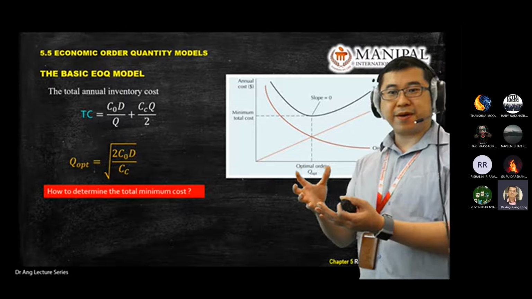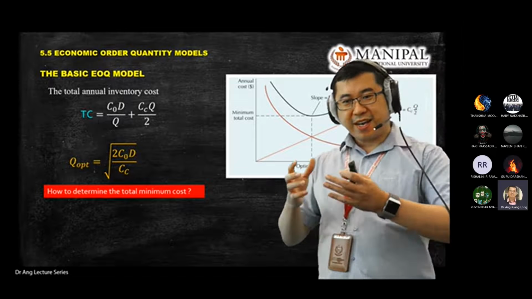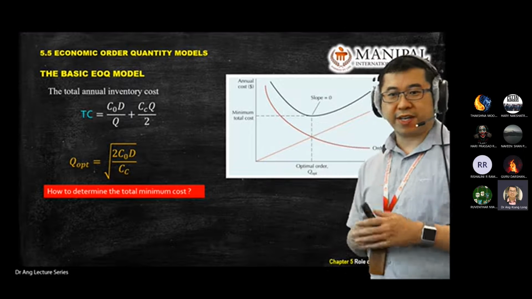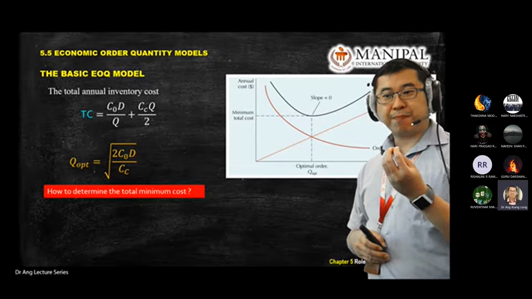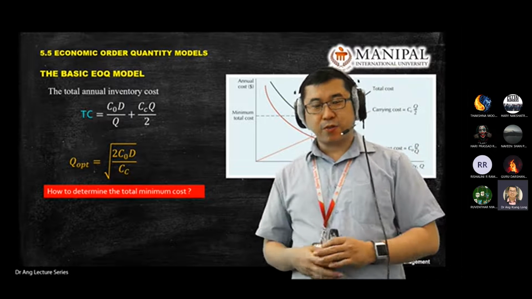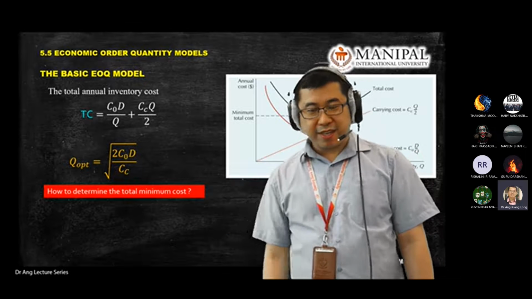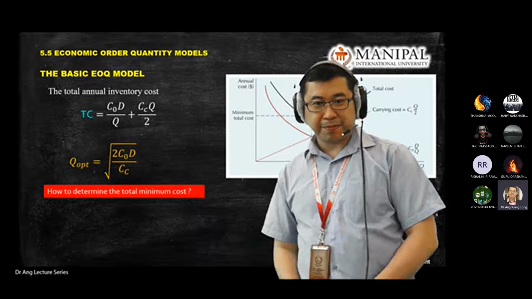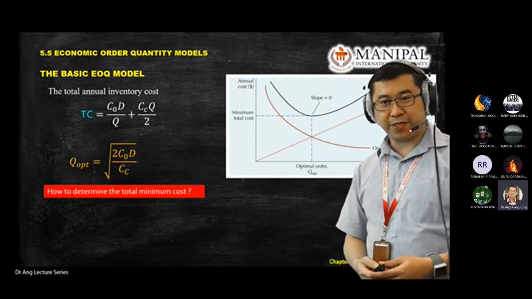You already know 100 packets of meat you need to order almost every day. You know the price tag of one packet of meat, right? So when you multiply the quantity and the unit price, you get the cost, right? This is a simple business equation.